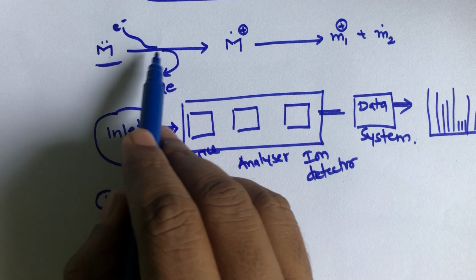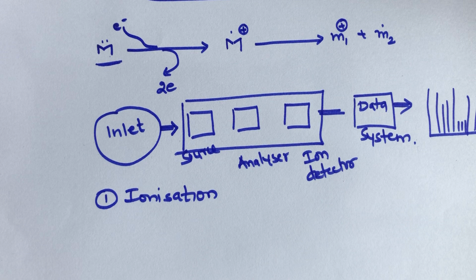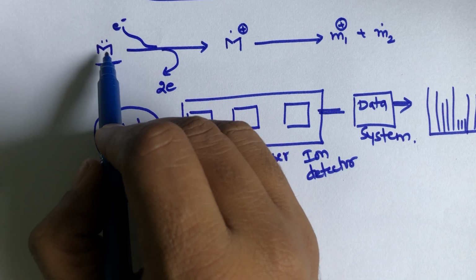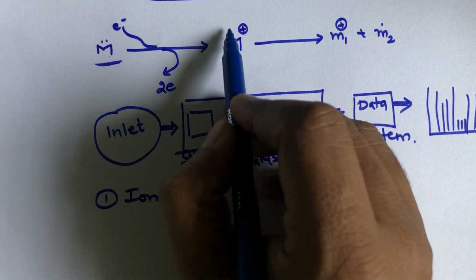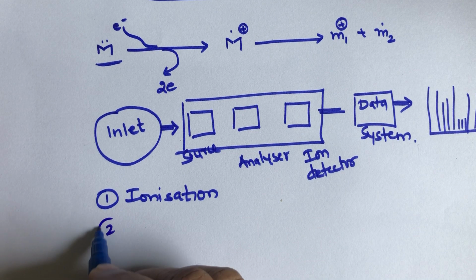If you want to remove an electron, the energy required is called the ionization potential. The common technique used for the production of ions is bombardment with electrons. They are bombarded with electrons and ionization takes place, resulting in the formation of an ion. This is the first step. Now after that, the second step that we do is acceleration.